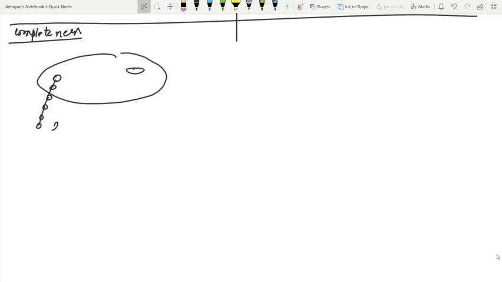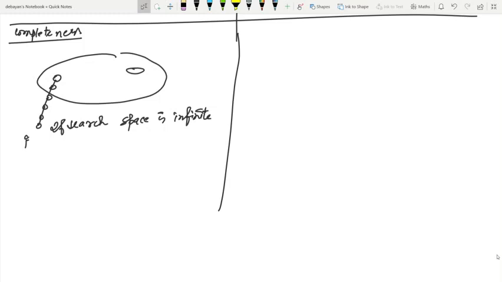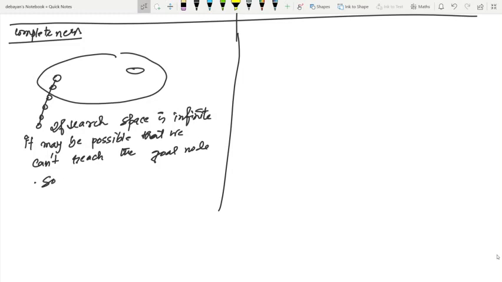If the search space is infinite, we may not be able to reach the goal node, so it is not complete.